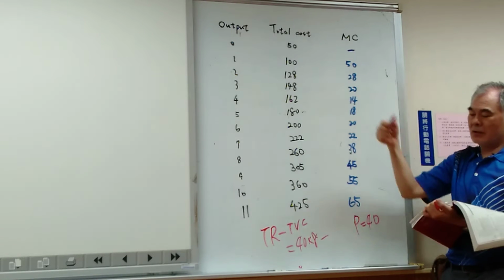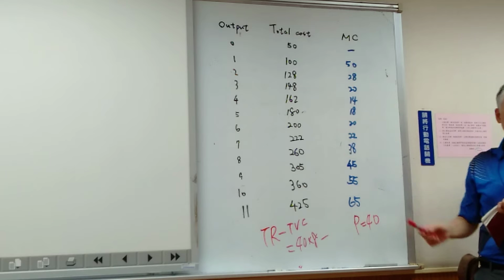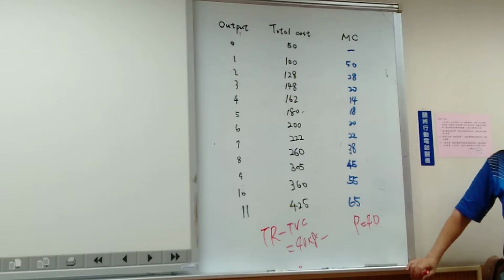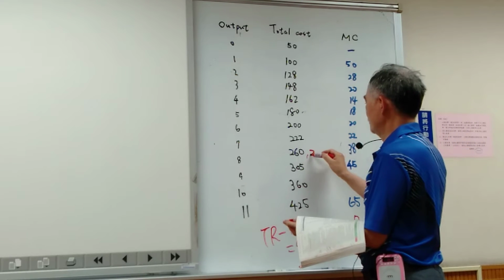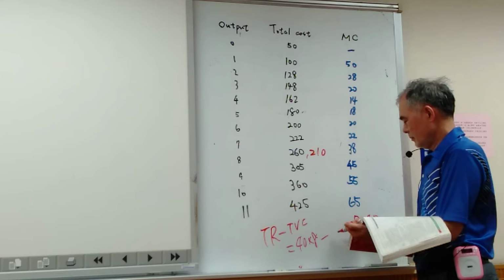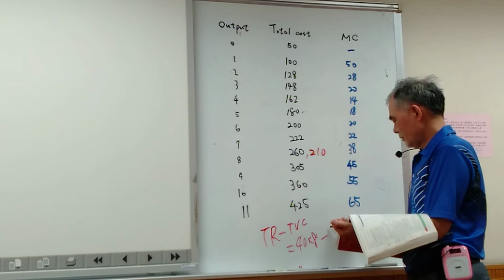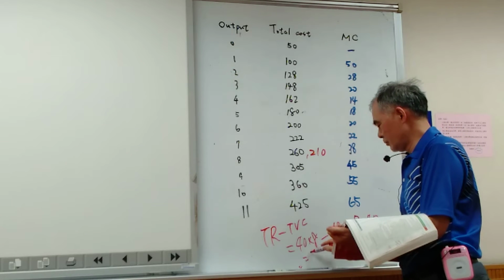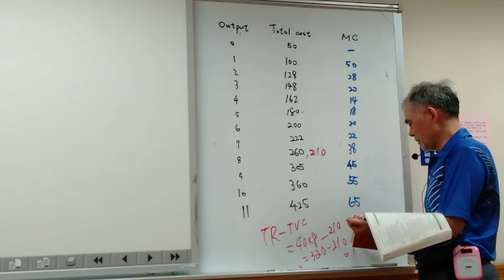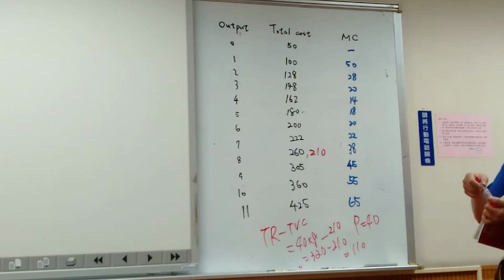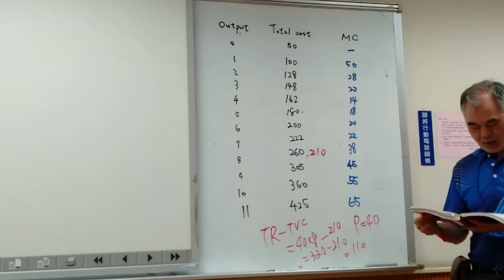So what is the fixed cost for this firm? Okay, then the total variable cost is 210. So it's 320 minus 210. So what you get is 110. Okay, so that's for part A.